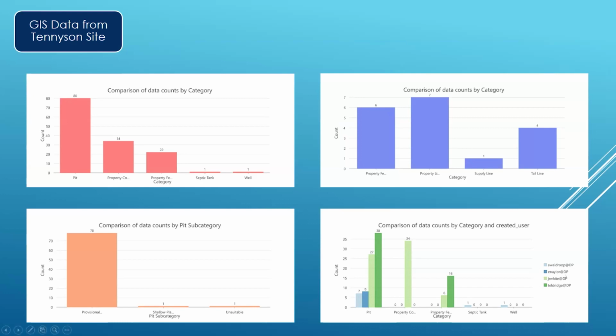And of course, you can go by created user, which I really like. Maybe someone's getting sick of collecting PID data, and they'll move to property corners or building footprints.